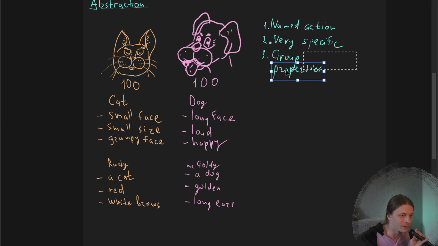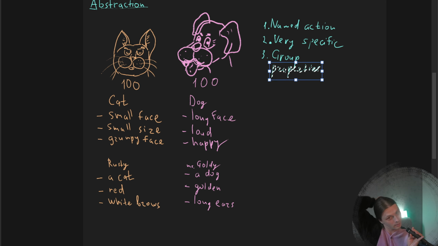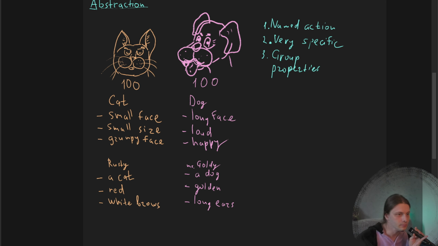So we learned how to group important properties because we didn't just group any properties. It's not really useful to distinguish species. We need to have some properties that we have in one species but don't have in another one. So at least we have a unique set of properties.